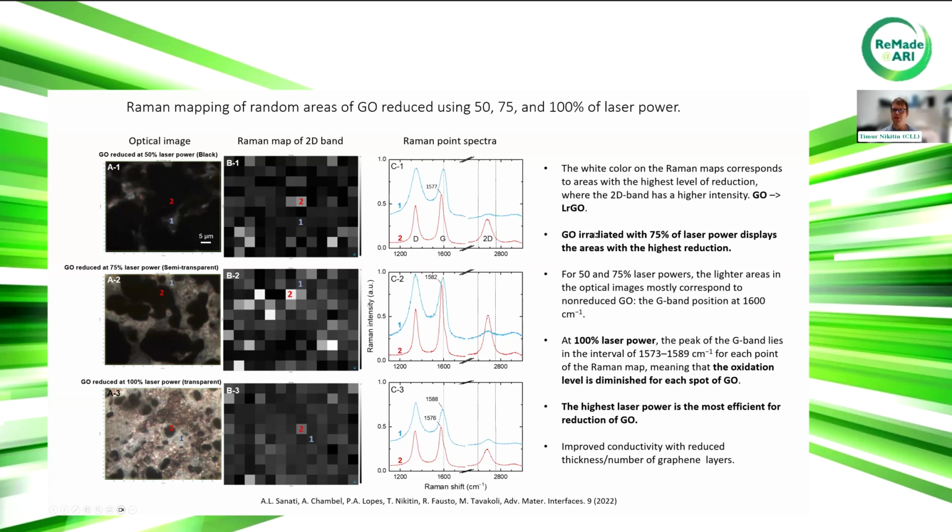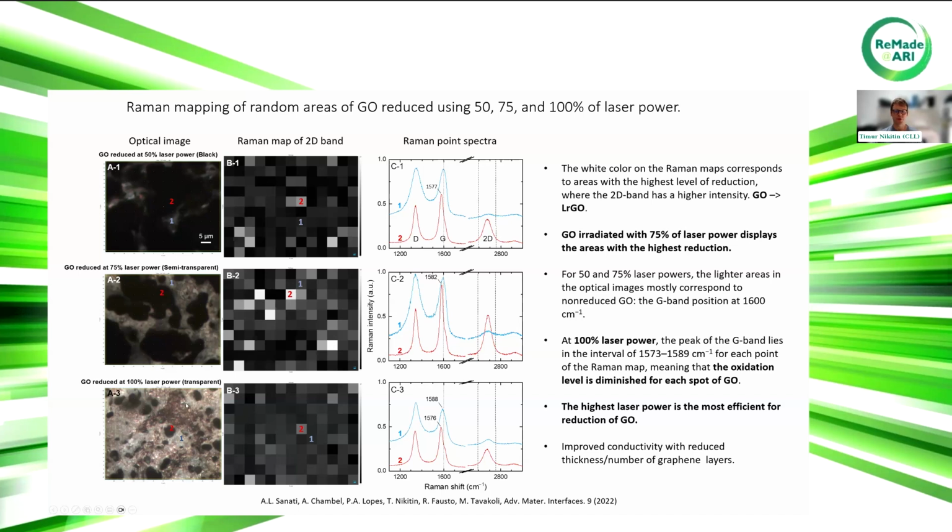And then the main conclusions we draw from here are that for 75%, we saw the areas with the highest reduction of graphene oxide, because this 2D peak was the highest. And we see here in the Raman maps, these white areas appear the brightest.